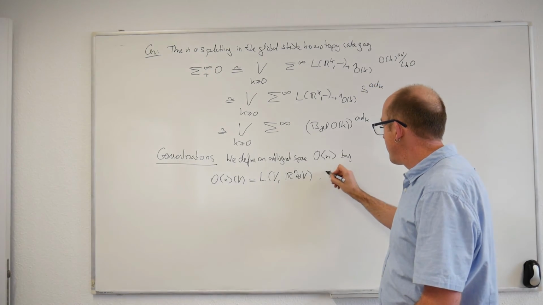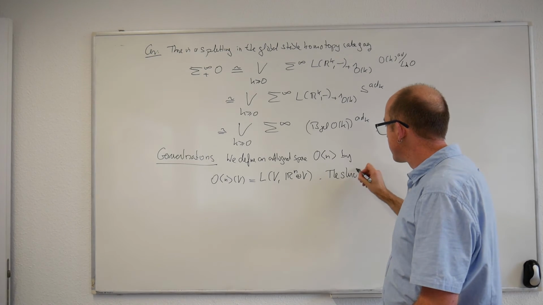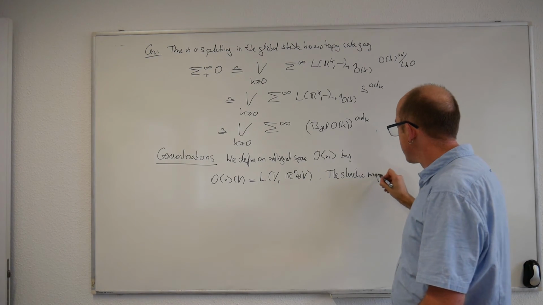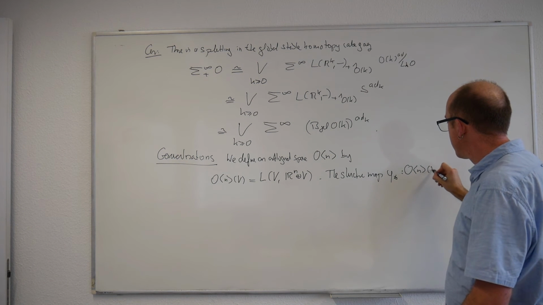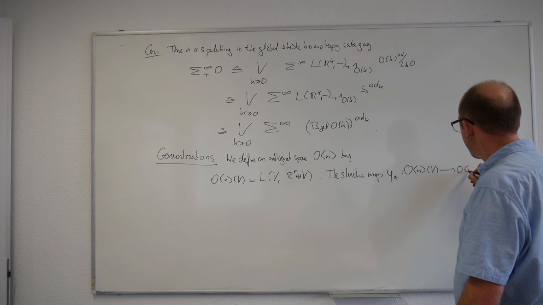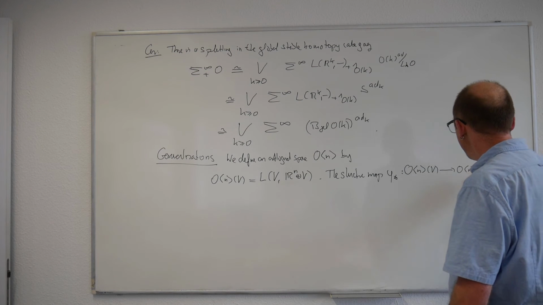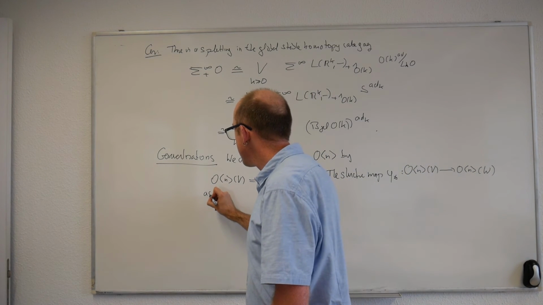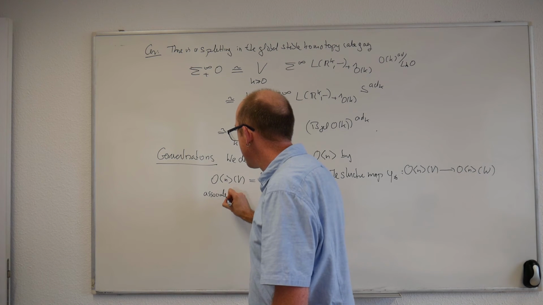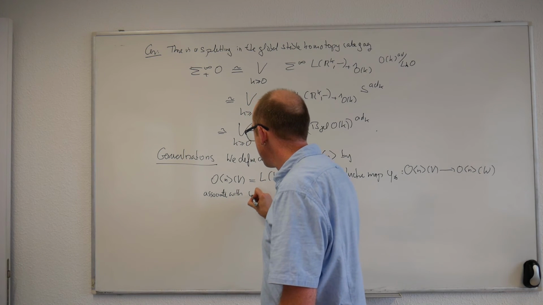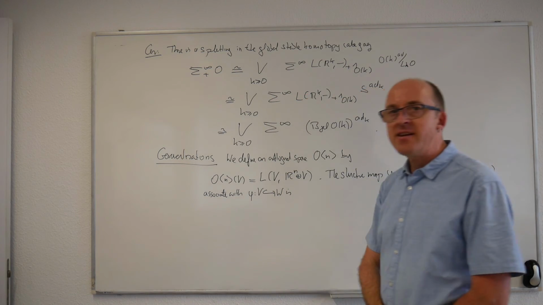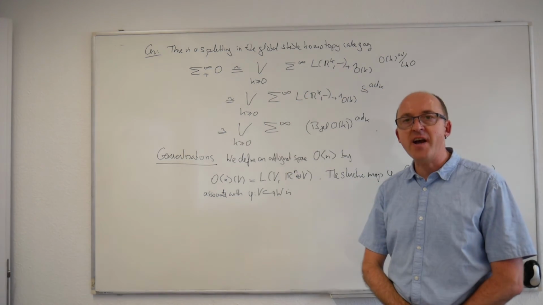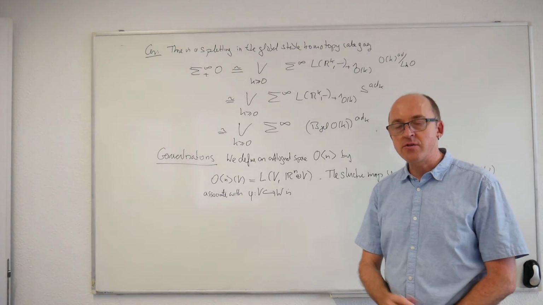The structure map phi lower star from O pointy brackets n at V to O pointy brackets n at W, associated with a linear isometric embedding phi, is again essentially given by conjugation with phi and the identity on the orthogonal complement of phi.